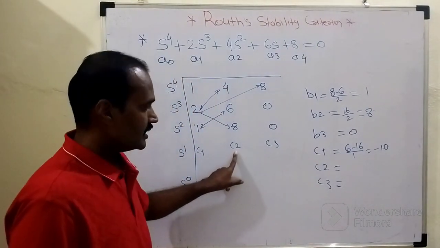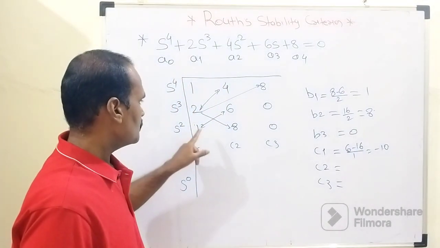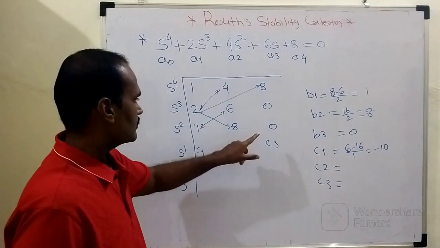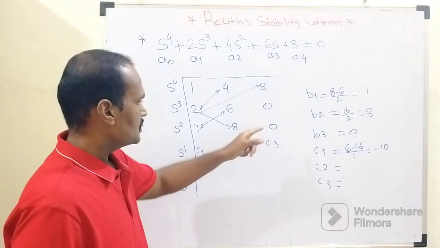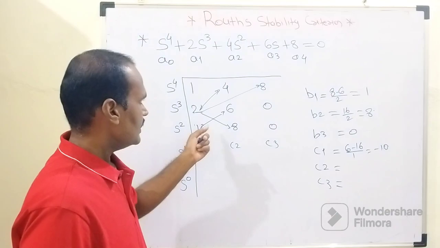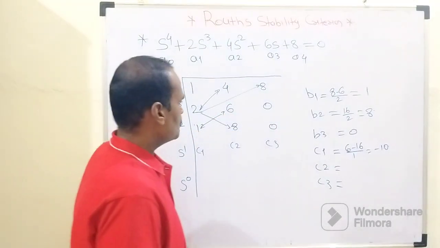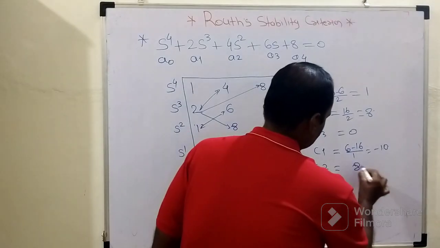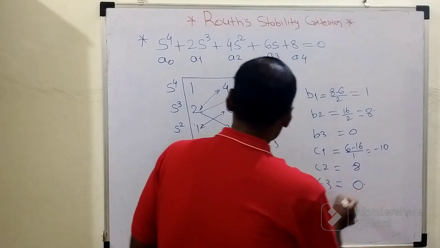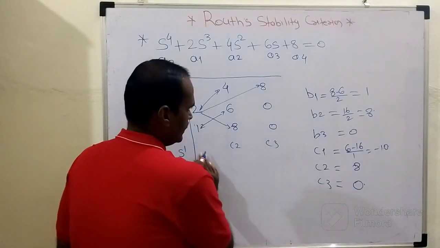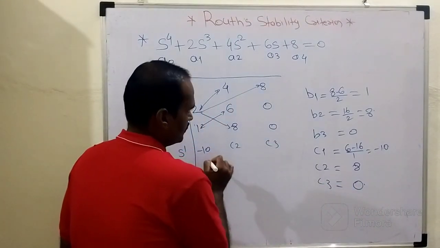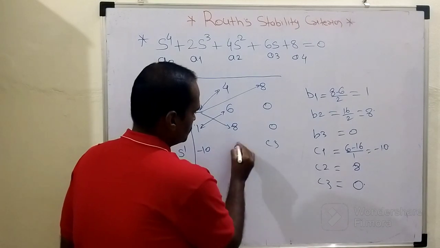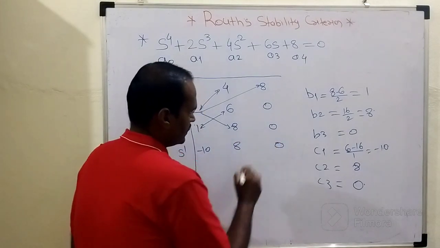As far as C2 is concerned, 1 into 8 minus 2 into 0 divided by 1, so C2 equals 8. What about C3? C3 equals 0. So here I will write C1 equals minus 10, C2 equals 8 and C3 equals 0.